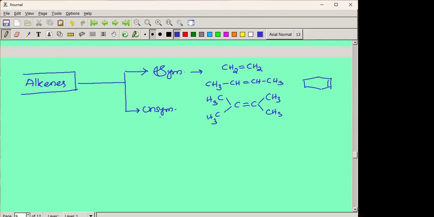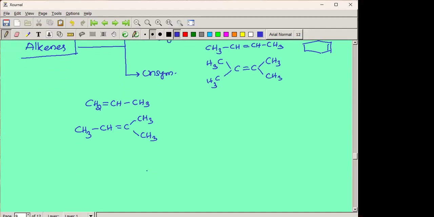And unsymmetrical alkenes. So CH2 double bond CH, CH3. This is an unsymmetrical one, right? And CH3, CH double bond C, CH3 and CH3. This is also unsymmetrical. And CH2 double bond C, CH3 and CH3.